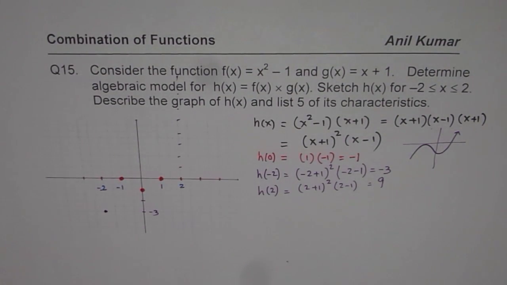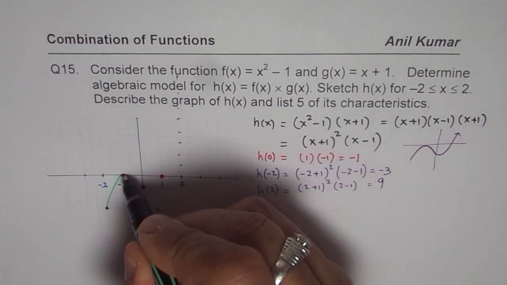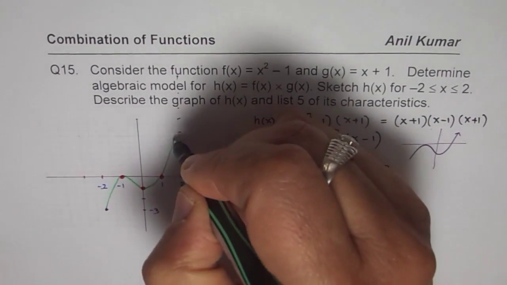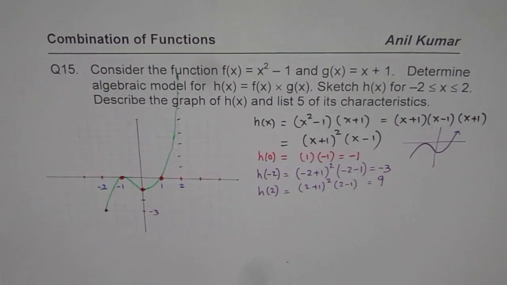We'll join these points. It has to turn from here, go back kind of like this, and then go like this to the point at 2, which is 9. So that is the function which represents the product of these two functions.